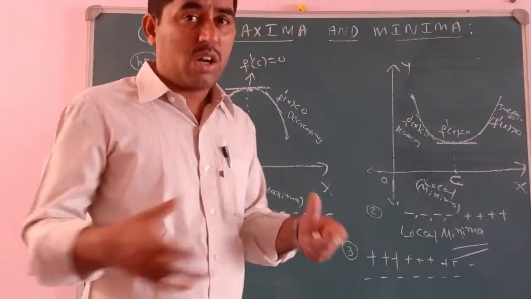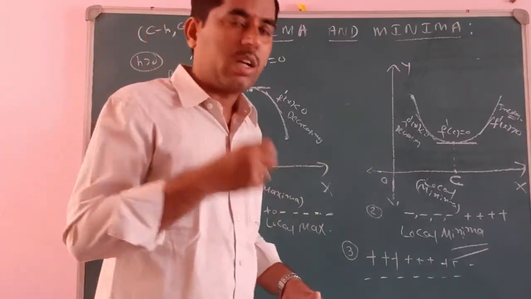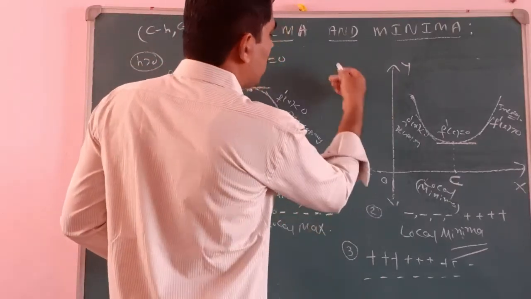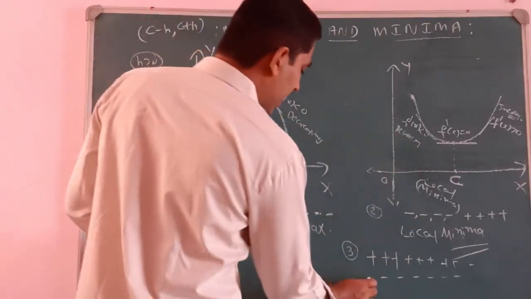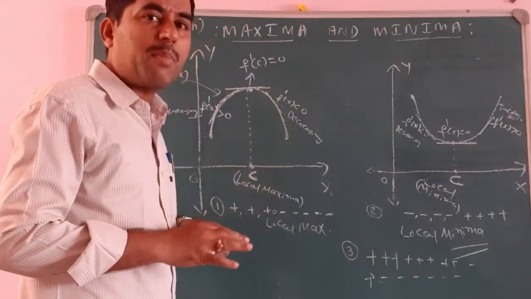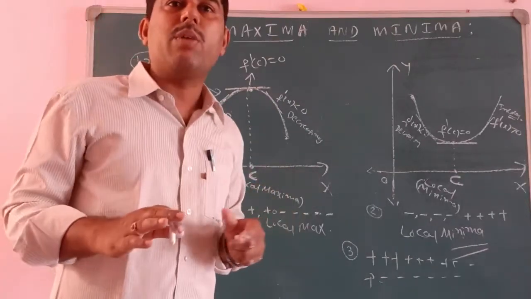If f dash x does not change its sign, such a point is called point of inflection. So these are the three cases. Combining these three points, this is called the first derivative test.